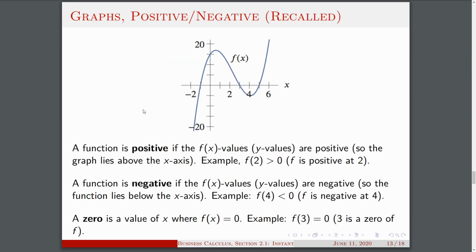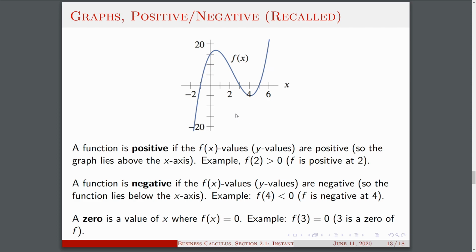All right, so now we're going to recall what we talked about before. We talked about what it means for a function to be positive, and we said that a function is positive if the y values are positive, right? And that means that the graph lies above the x-axis.